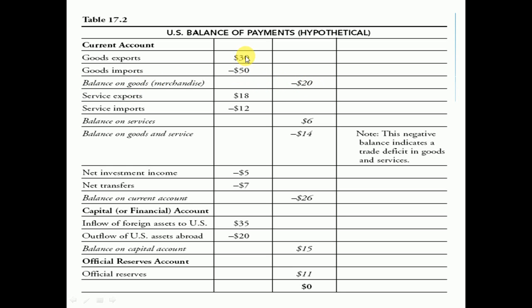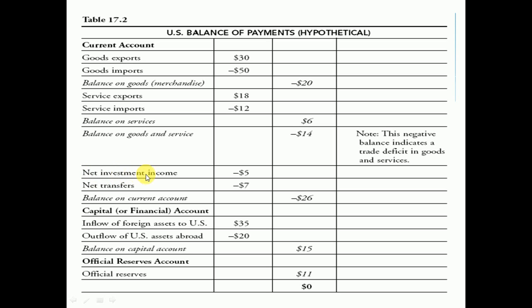Services exports are 18, services imports are 12, so their difference is positive 6. The balance on goods and services is minus 14. We paid 20 billion more for goods, we received 6 billion for services, so payment is more, and it becomes minus 14. The negative balance indicates a trade deficit in goods and services.